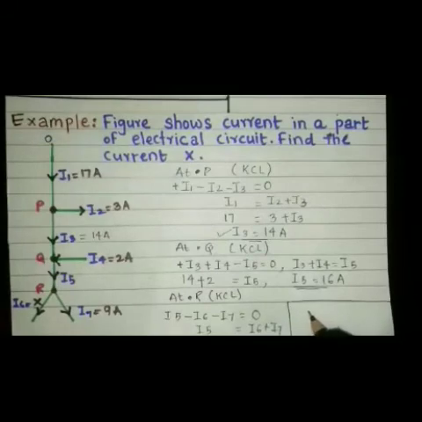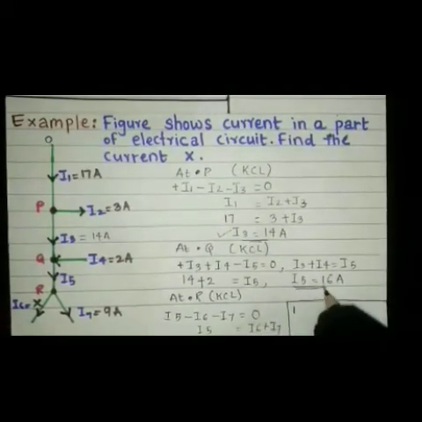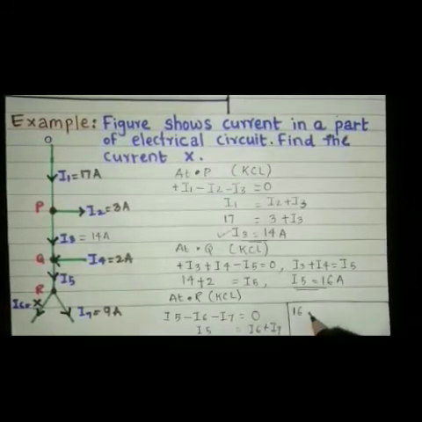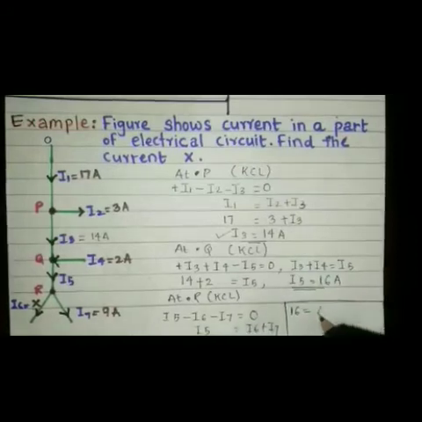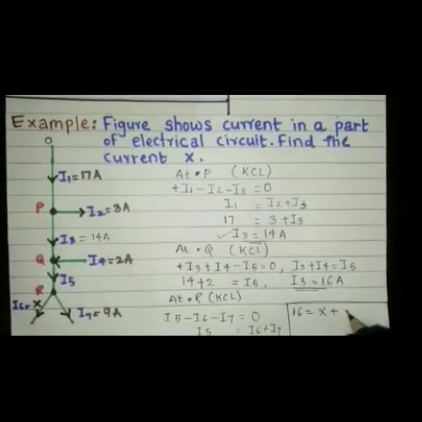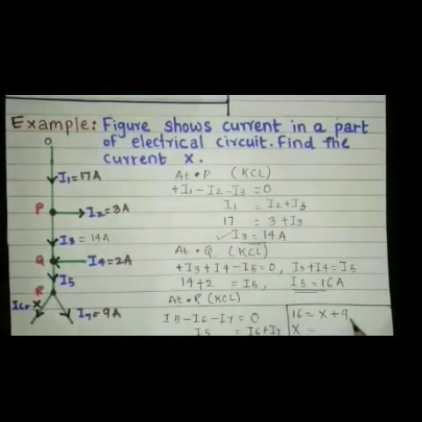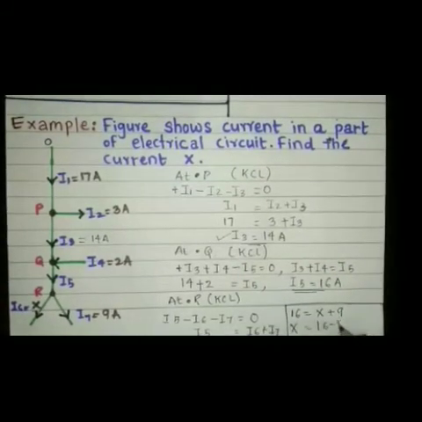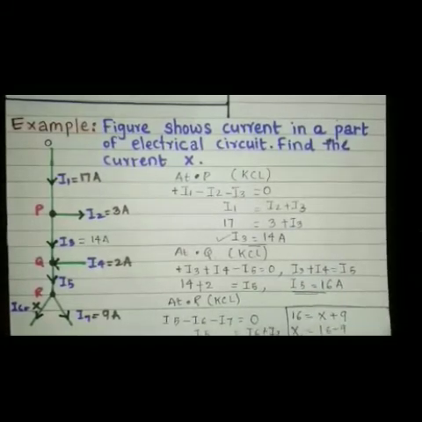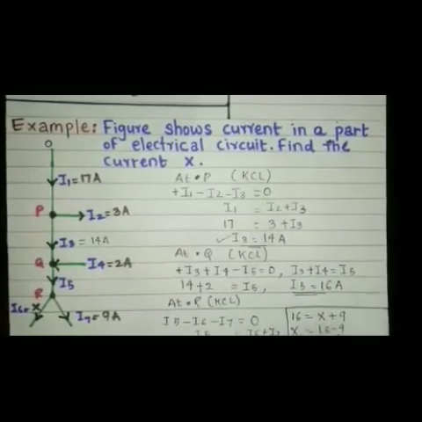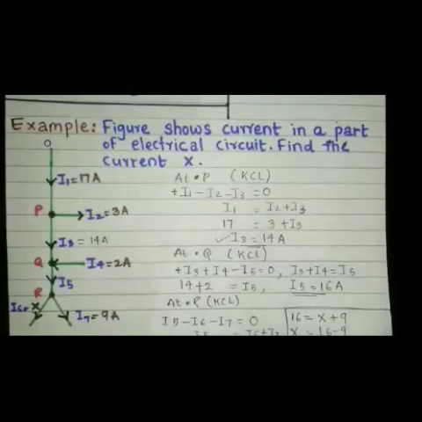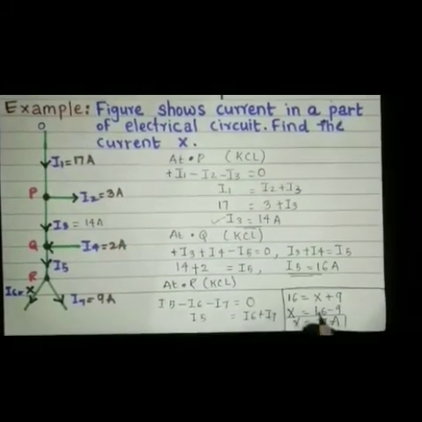Further substituting the values, I5 we just derived is 16, so 16 is equal to I6, which is x, plus I7, which is 9 ampere. That means x will be 16 minus 9, that is 7 ampere. So finally we have got x equal to 7 ampere.